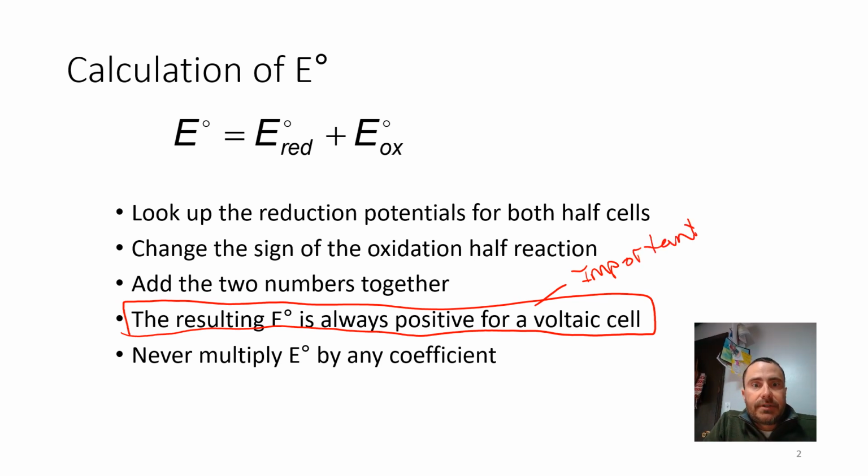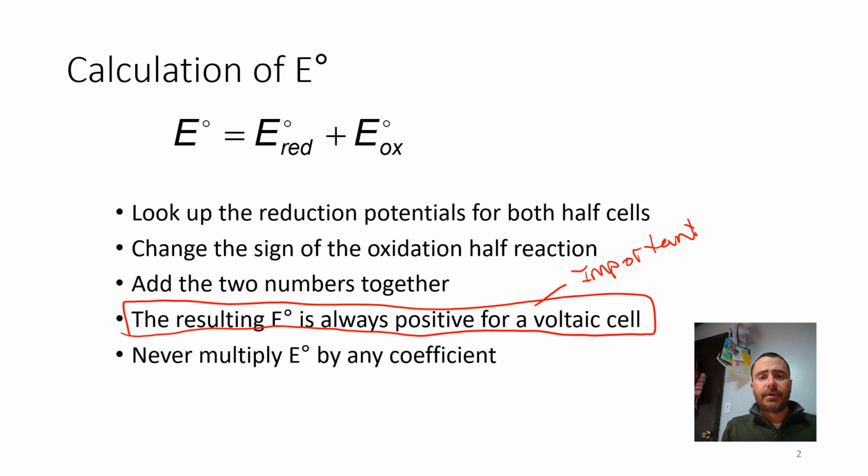Sometimes I'll put together a problem, and I think that one of the problems that you're going to be quizzed on, probably in this chapter, is: if you have these two reactions and you put them together, it's a voltaic cell. How do I know that you have added them together to get the right voltage?